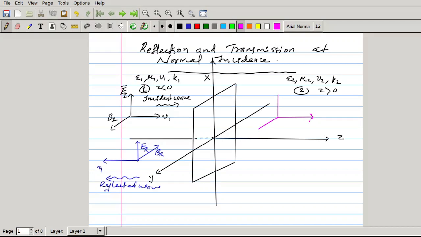This represents the direction of propagation. Its velocity is v2, and k2 is also along the same direction. Here is the electric field of the transmitted wave and here is the magnetic field of the transmitted wave. So this represents the transmitted wave.